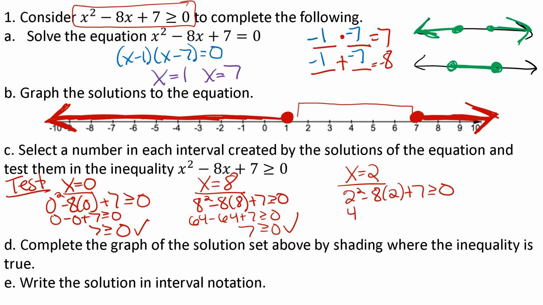That would be 4 minus 16 plus 7 greater than or equal to 0. So that's negative 12 plus 7, so negative 5 greater than or equal to 0. And obviously negative 5 is not greater than 0, so it doesn't work.